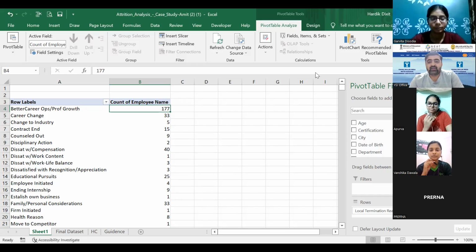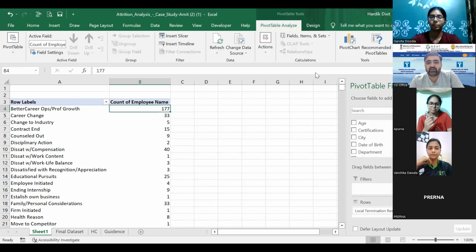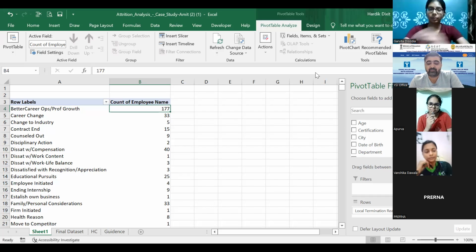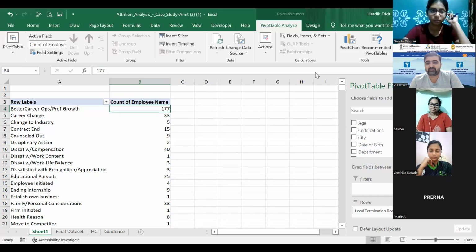So if people are leaving, it is not because they want to become an entrepreneur or CEO. In your organization, you are not providing them sufficient career growth options, right? Right, so this is the implied meaning of this particular reason.